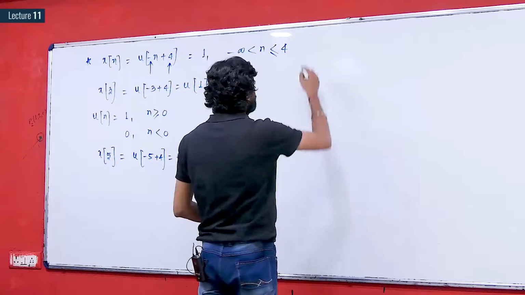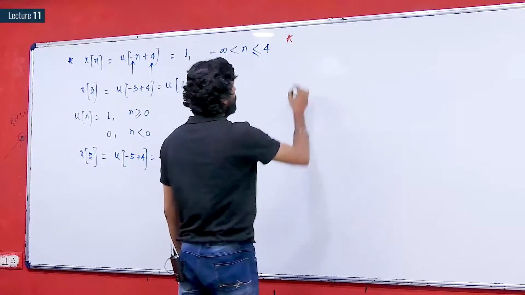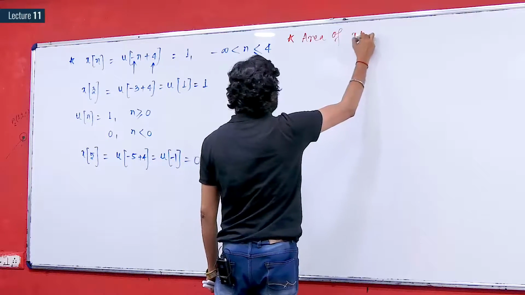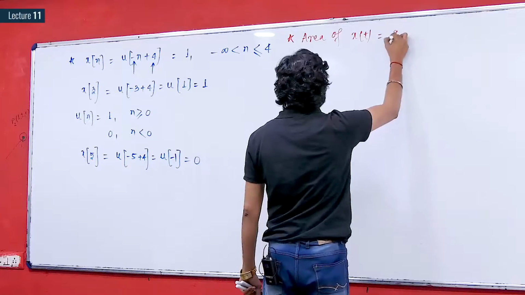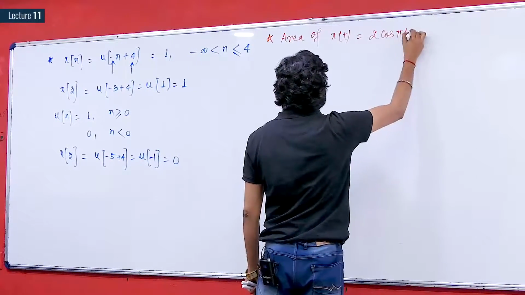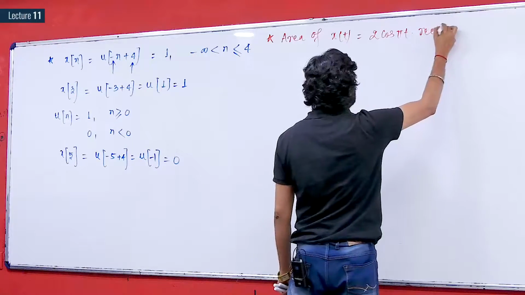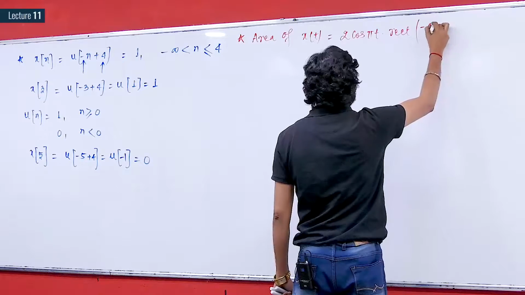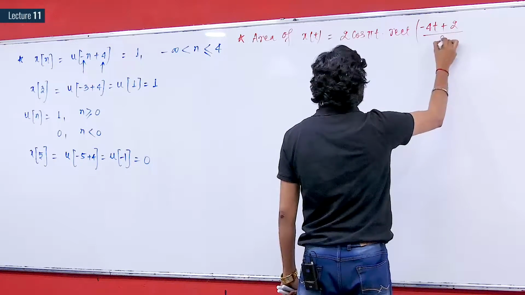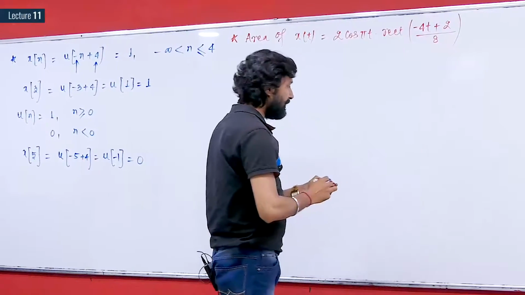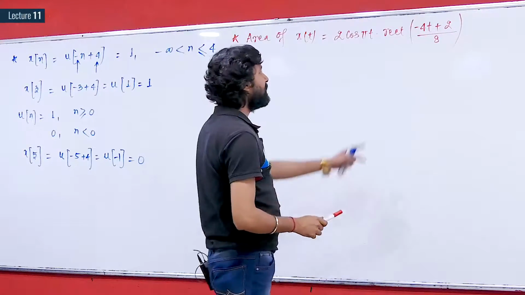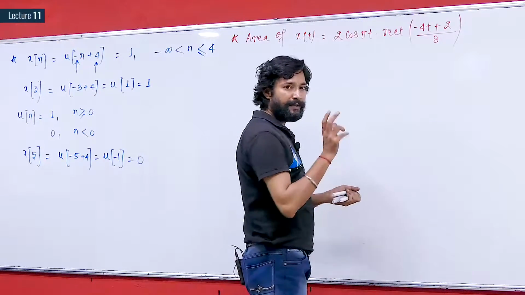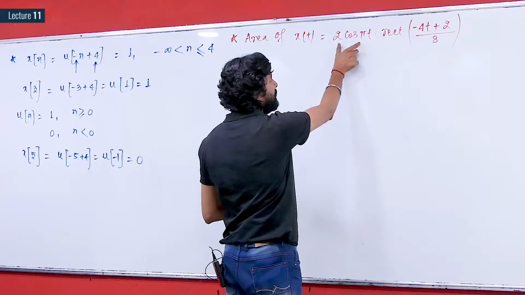Suppose we have to find the area of the signal x of t equals 2 cos of pi t into rect of (minus 4t plus 2) divided by 8. If you see, this rectangle exists between two finite limits, and 2 cos of pi t is a periodic signal.